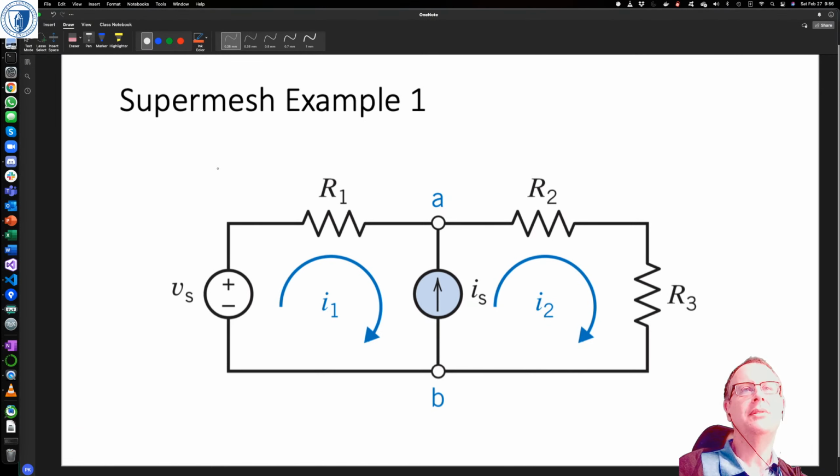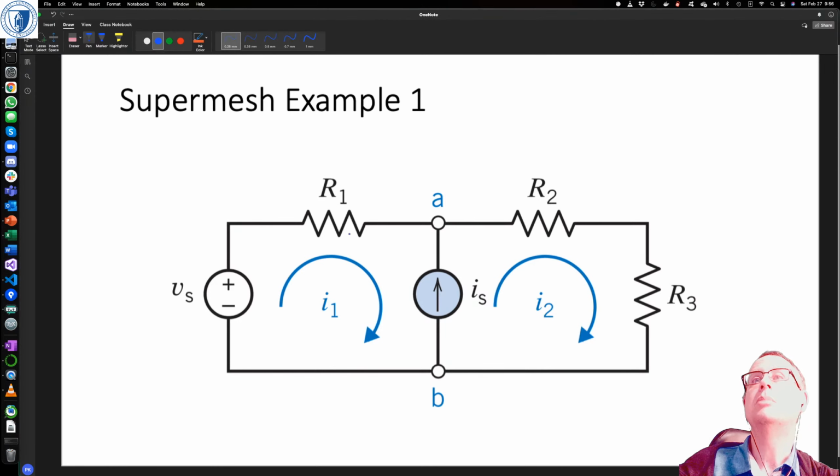Okay, so here's a relatively simple circuit. It's got two mesh currents defined, I1 and I2, and it's got a voltage source and a current source, both of which are independent. They don't depend on anything else. So with this one, let's get a color that we can see. There we go, blue. The issue here is that I1 and I2 both go through IS.